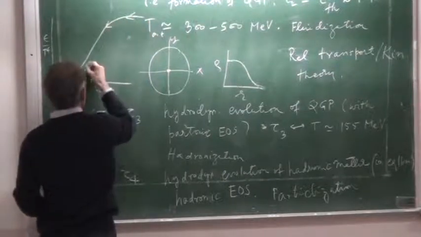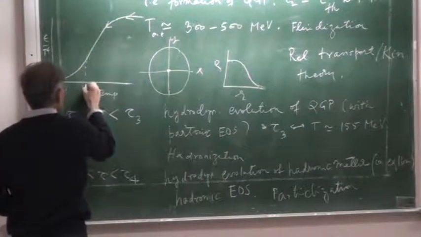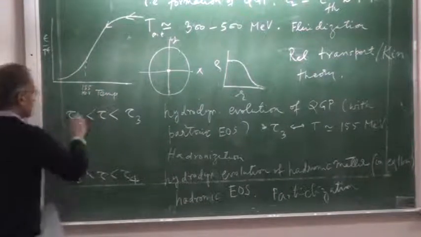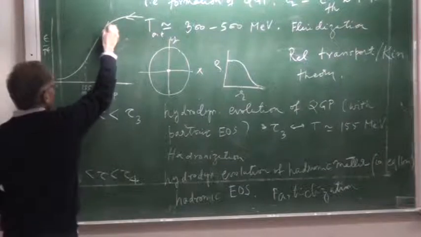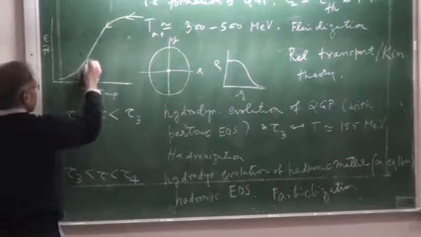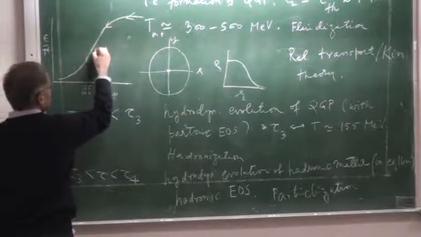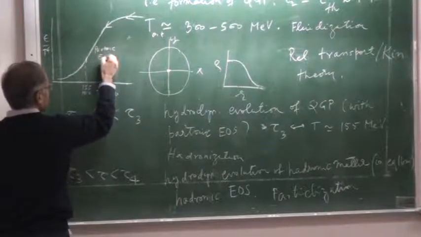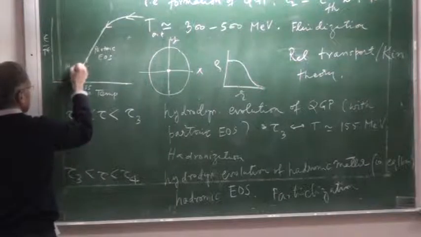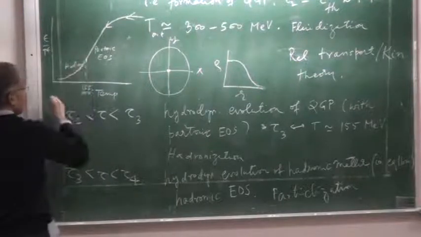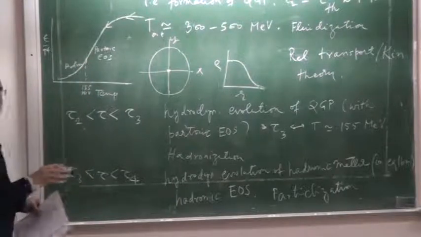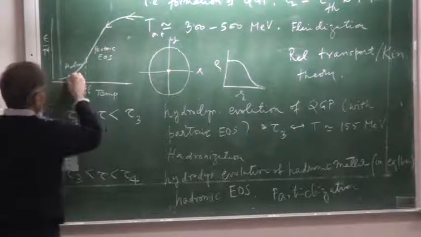Suppose this is 155, the crossover temperature. And as you travel up to here, this is the partonic equation of state, and here, hadronic. So the state-of-the-art equations that are available today fit up to some point here.